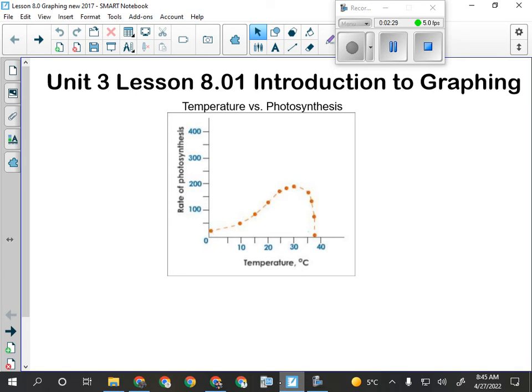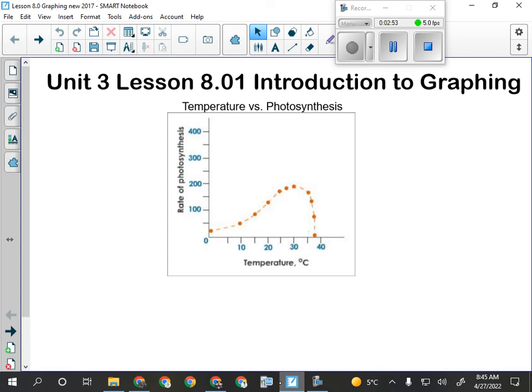I might not call this temperature versus photosynthesis. I might give it a title more like, rate of photosynthesis as a function of temperature, because people can see from the axes that it's temperature and photosynthesis. I don't need to write temperature versus photosynthesis as the title. Sometimes it's good to have a nice descriptive title instead.